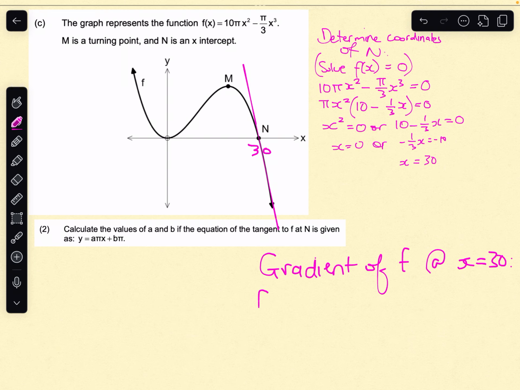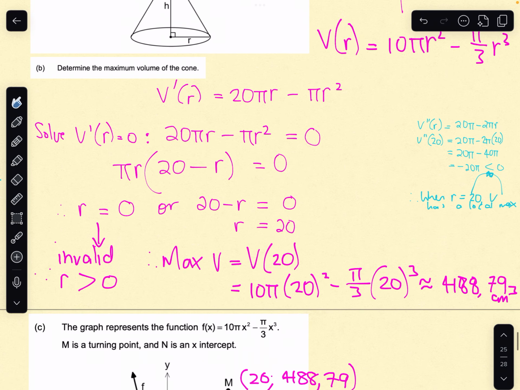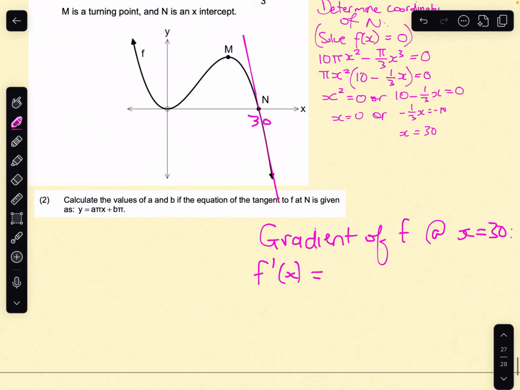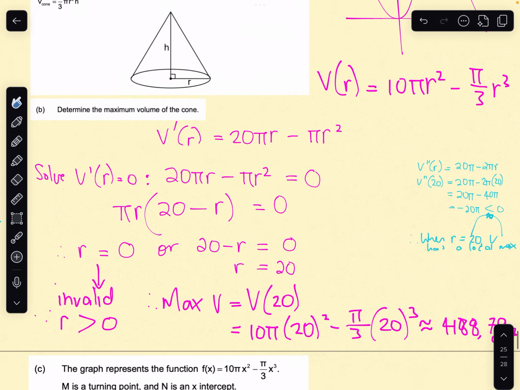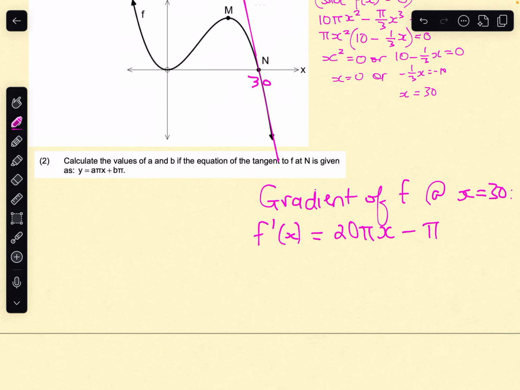So we already know from the previous question that the first derivative is something that I've forgotten. Over here it was 20 pi r minus pi r squared. So that'll be 20 pi x minus pi x squared. Okay, so let's figure out the value of the gradient when x is equal to 30.